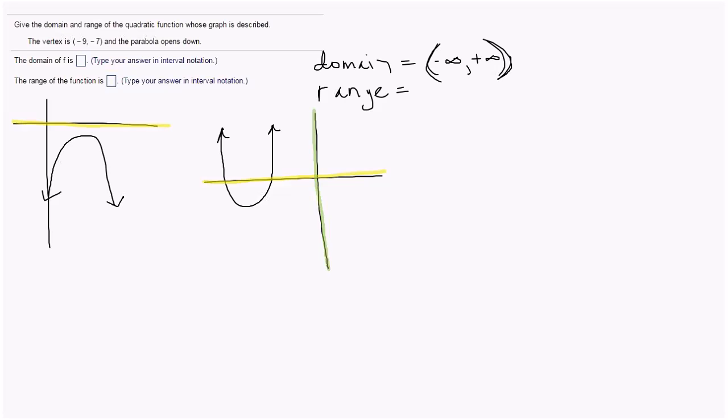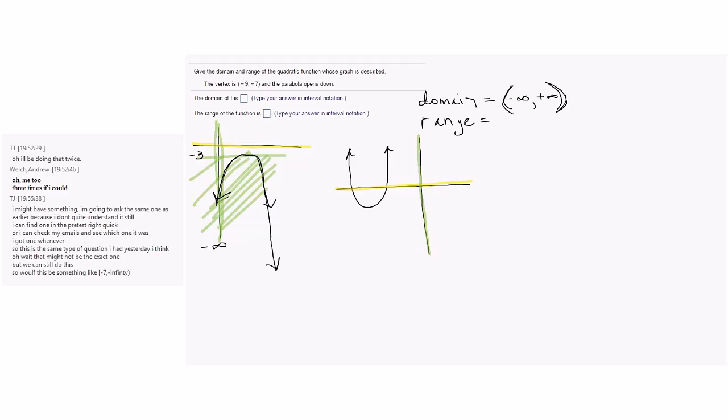As you can see on this first parabola, if I were to shade all of the y values, they would start at the maximum, let's say here is -3, and include all the values to negative infinity, because this parabola is opening downwards and just keeps going. So the range is all the y values from -3 to negative infinity.